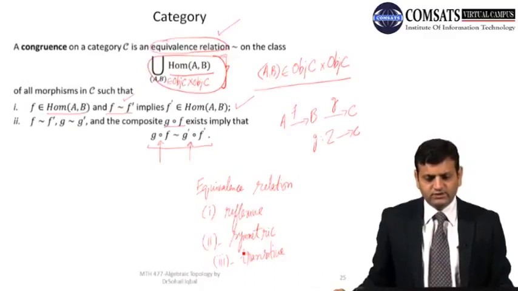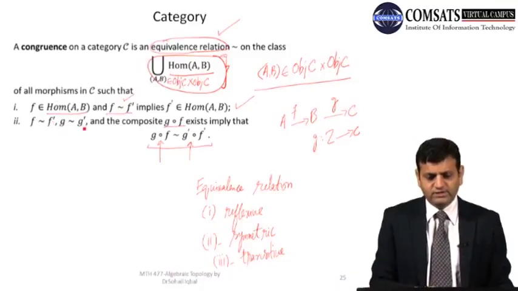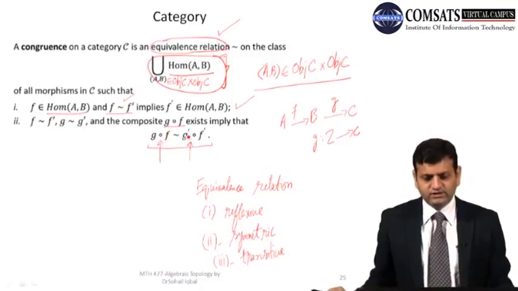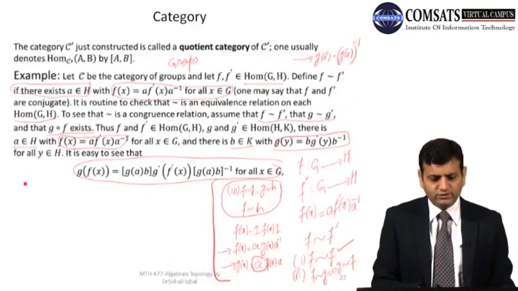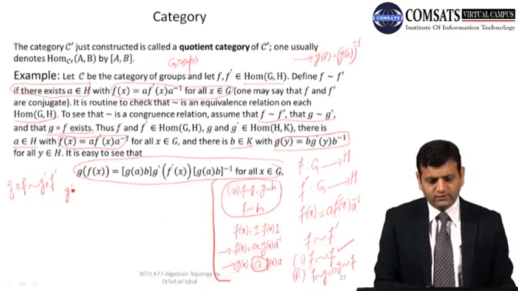The next condition that we need to show is that if F is related to F prime and G is related to G prime, then the composition G circle F is related to G prime circle F prime. So let's start from G of F of X. How do we define F of X?